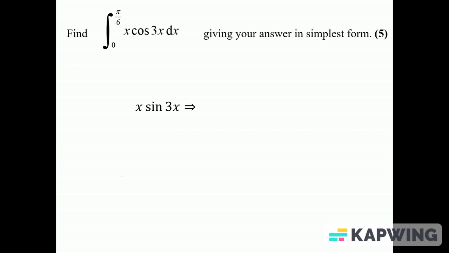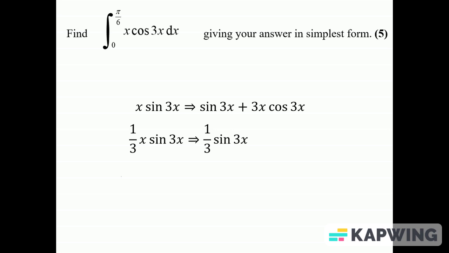Well, if I differentiate x sine 3x, with the product rule, I'm going to end up with cos 3x somewhere. But if I differentiate this, I'll have 1 times sine 3x plus x times sine 3x differentiated, which is 3 cos 3x multiplied by x. I don't want 3x cos 3x, though. I just want one of them. So if I differentiate a third of x sine 3x, I'll end with a third sine 3x plus that x cos 3x.